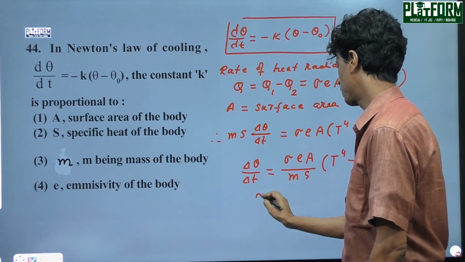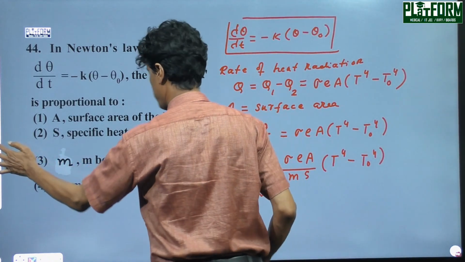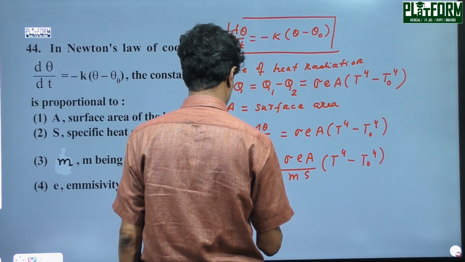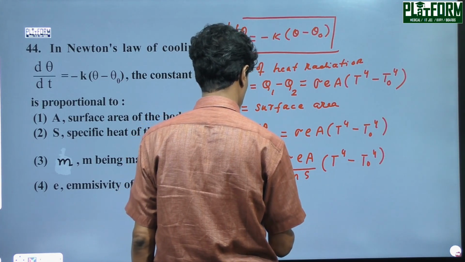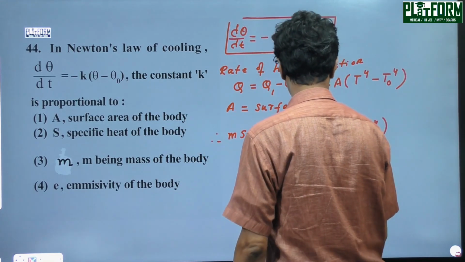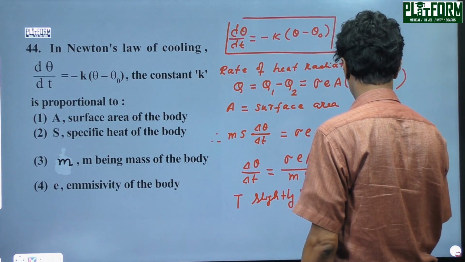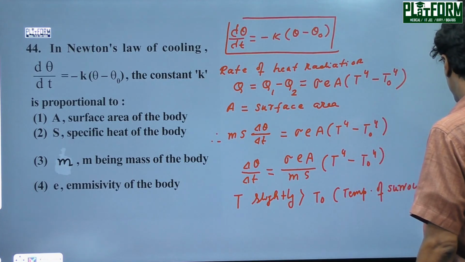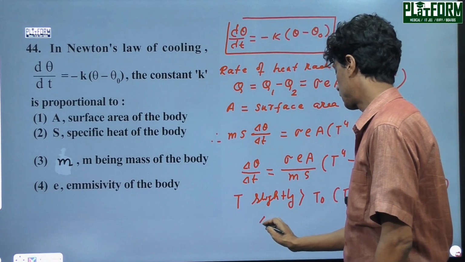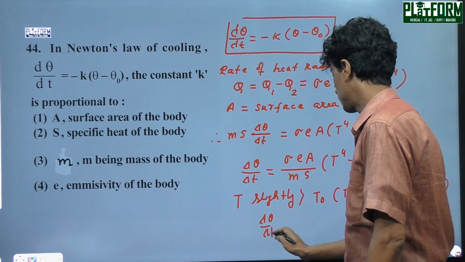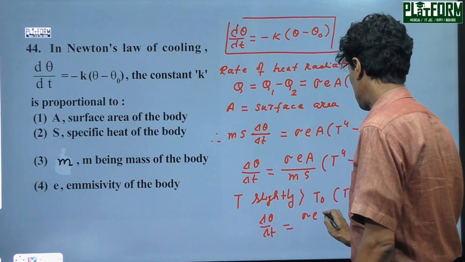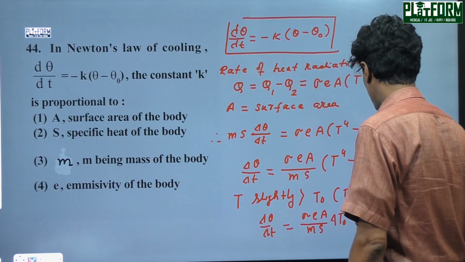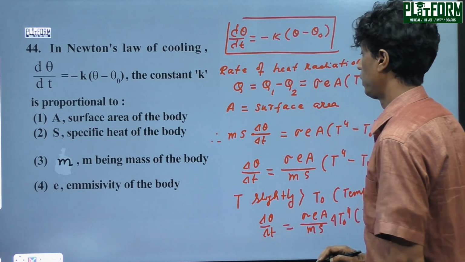If the temperature of the body is slightly greater than T naught, that is the temperature of the surroundings, then we can say del theta by del t is equal to sigma E A by M S into 4 T naught cube into T minus T naught.